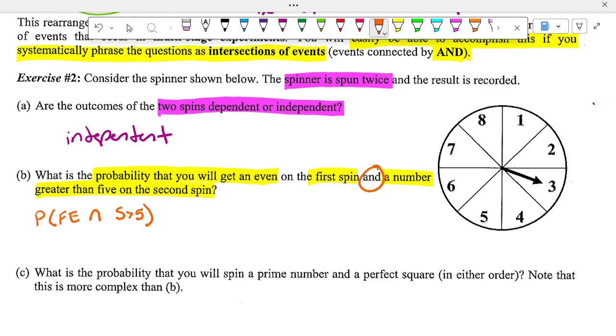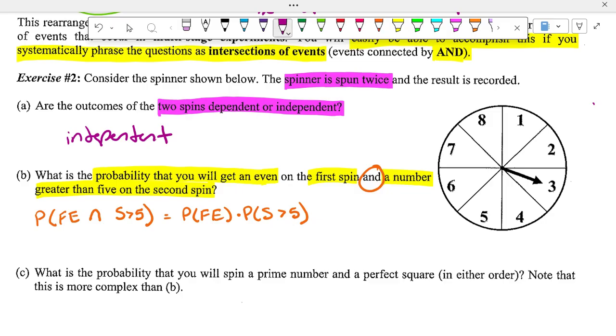How would I rewrite this "and" statement to look like that formula? Because we already know they're independent, so I can use that formula. P of F even times P of S greater than 5. So I've got to find the probability of the first happening, the probability of the second happening, and multiply them together.